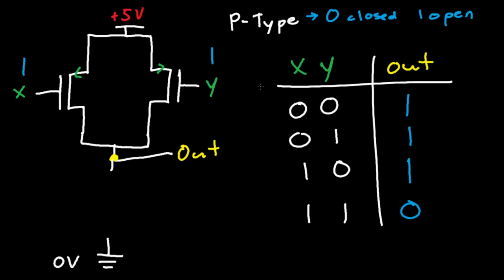Well, you can actually use MOSFETs, and instead of these guys being P-type, you can actually set them to be N-type. So let's talk about that as well. So these are N-type, given the arrows at the bottom.